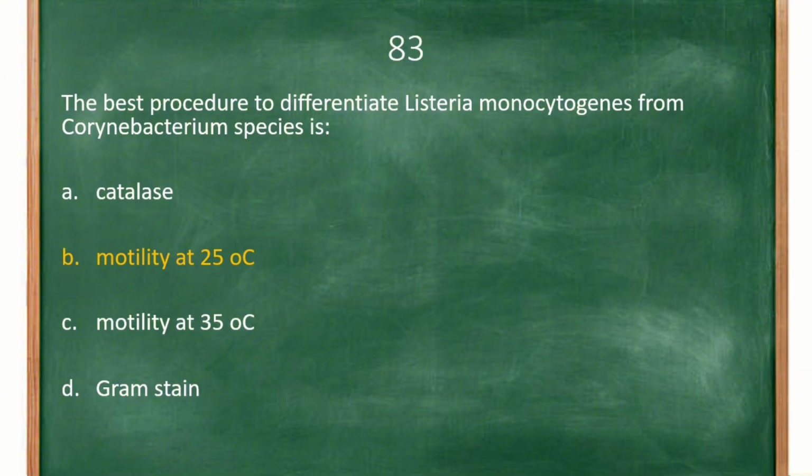Then option D, gram stain, while the gram stain can show the general morphology of bacteria, it's not sufficient to differentiate between Listeria monocytogenes and Corynebacterium species, as both of them appear as gram-positive rods. So the correct answer here is B.